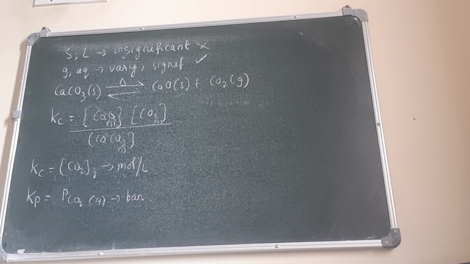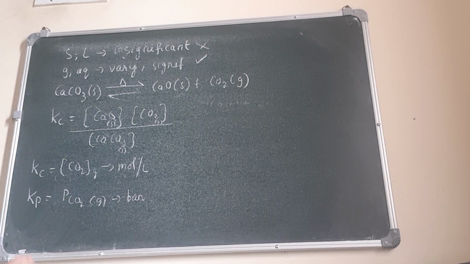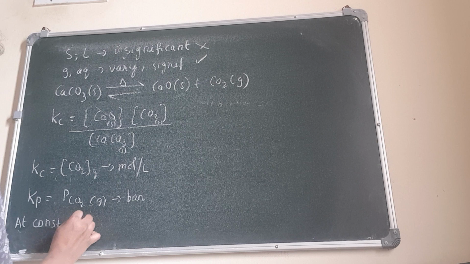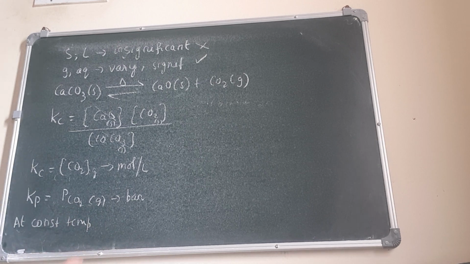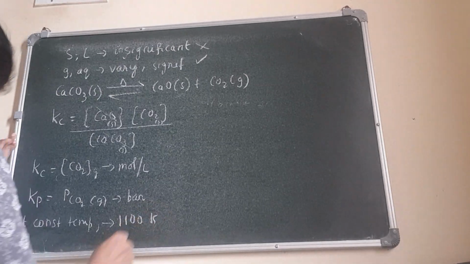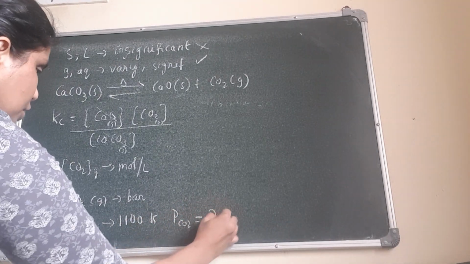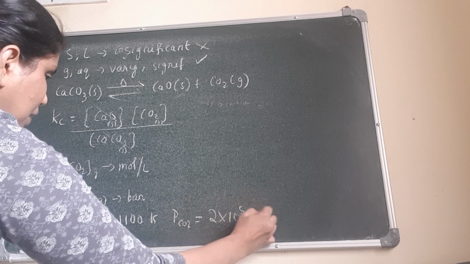Now just to make sure that it is dimensionless, what we do here is, we always carry out the reaction at constant temperature, correct? So at constant temperature, let us say at 1100 Kelvin, the pressure of carbon dioxide is going to be 2 into 10 power 5 Pascal.